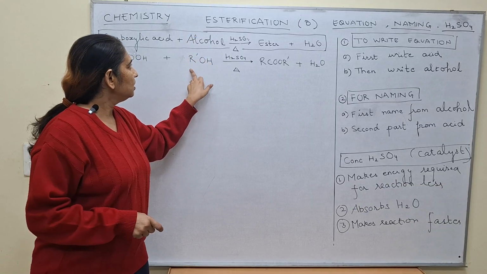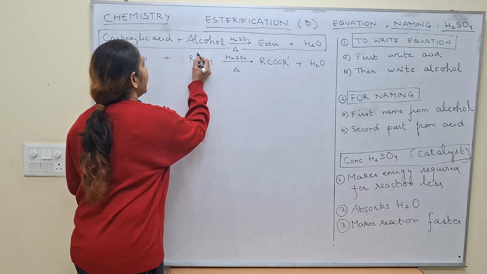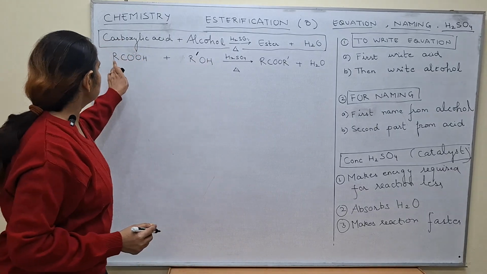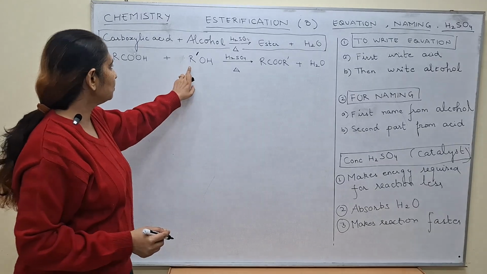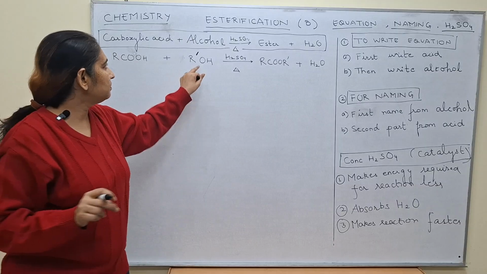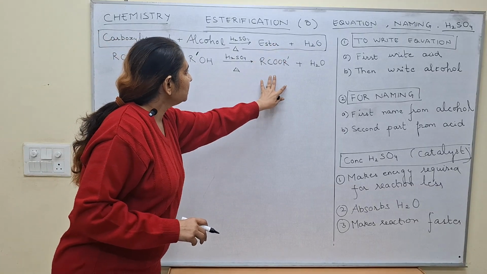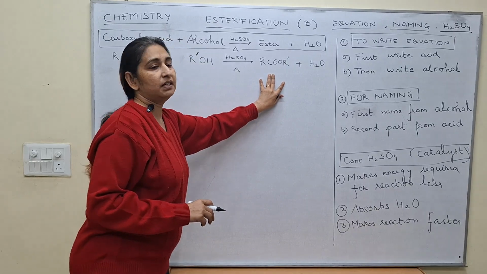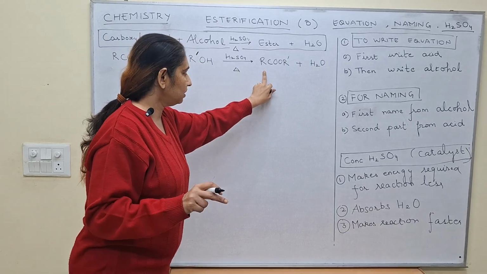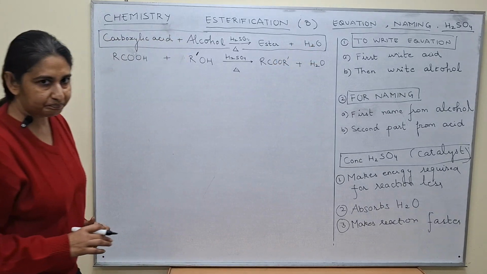For alcohol, it's R'-OH, because this alkyl group and that alkyl group can be different. That's why I'm writing R'. With H2SO4, this is the formula for an ester, RCOOR', and water.